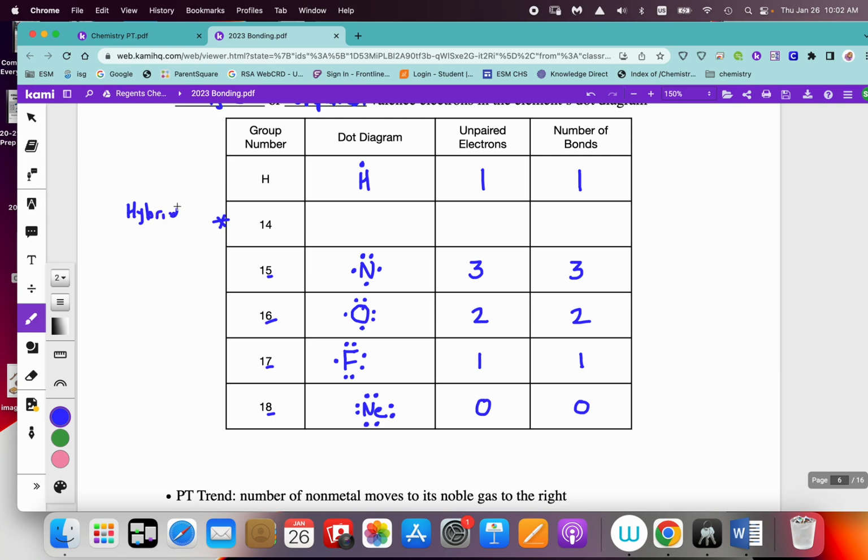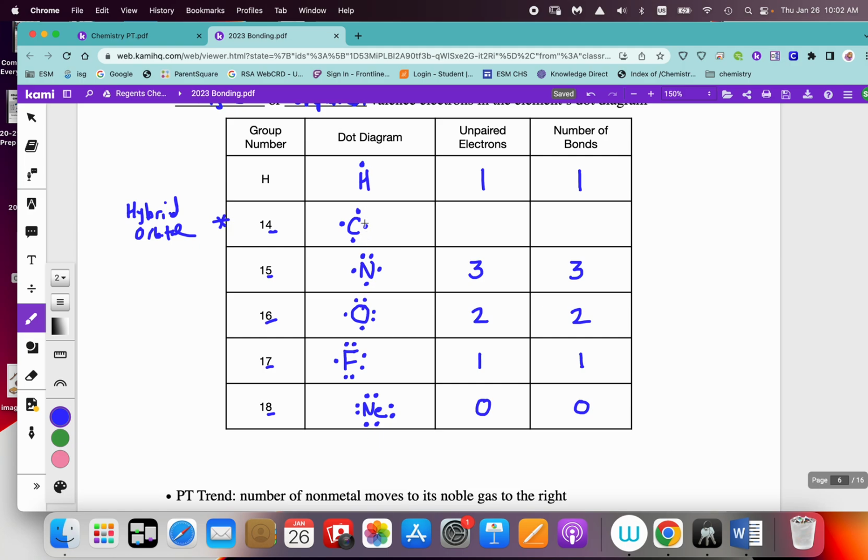Whenever they go to form bonds, they use a hybrid orbital. So this is going to be the exception to our rules. So we'll draw it for carbon. For carbon, those 4 valence electrons, we're breaking the rules because of hybridization, which I'm not going to explain at this point, but this is how we draw it.